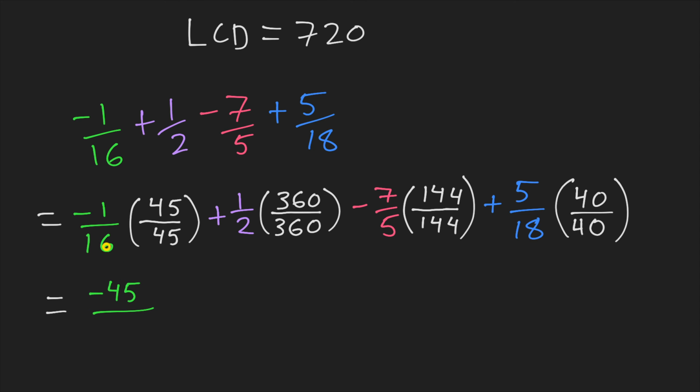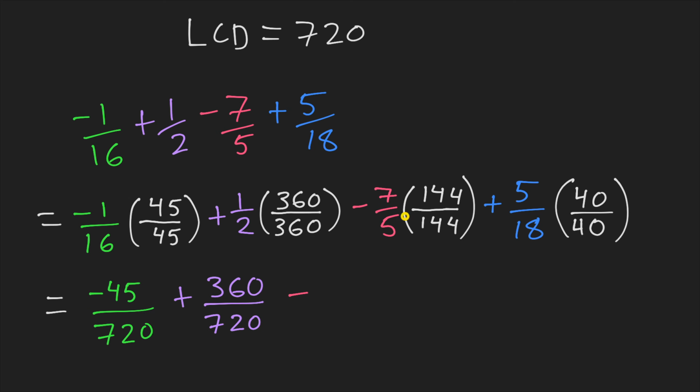And then we actually don't have to perform multiplication here. We'll know that 16 times 45 is equal to 720 unless we made a mistake. So this is equal to 720. And to this, you're going to add 1 times 360 is equal to 360. And again, 2 times 360, you can do this in your head, but you just know that 2 times 360 is equal to 720.